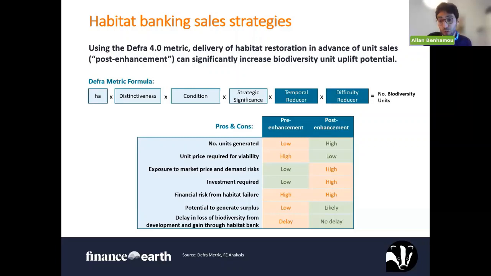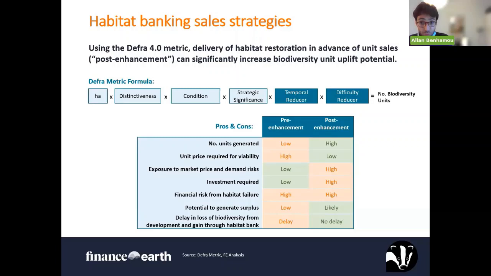So the 2 approaches have different advantages. For instance, selling units before habitat restoration can usually lead to a lower number of units being generated, but it also implies that the investment requirement is minimal because the BNG site developer will sell units upfront rather than selling them over time.